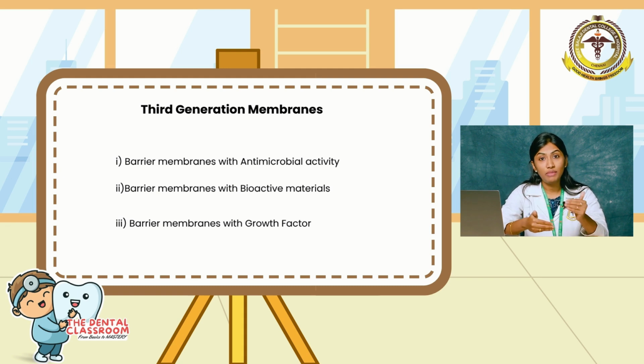And third is the barrier membrane with growth factor or platelet concentrate, which uses autologous concentrates. So these membranes, modified with enhanced properties, will achieve antimicrobial, anti-inflammatory and antioxidant properties with regeneration.